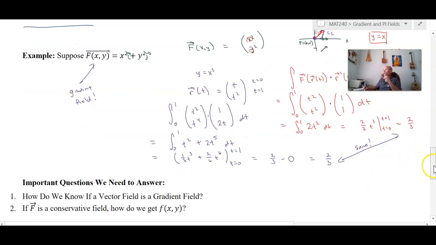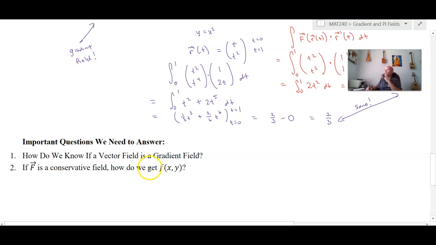but there is a way to address this now. So how do we know if a vector field is a gradient field? Well, let's think about a gradient field. A gradient field, we know, is a vector whose components are the derivatives of the same function with respect to different variables. Well, if I take the derivative with respect to y of the derivative of f with respect to x, I get a mixed partial.